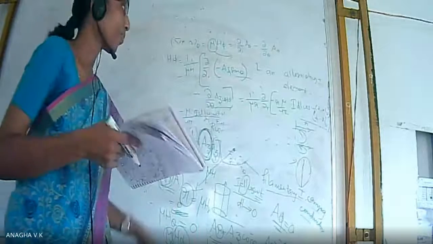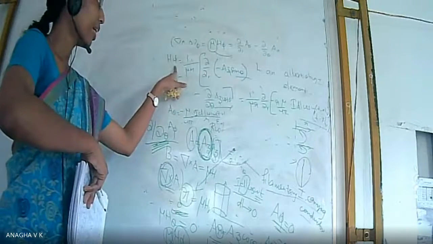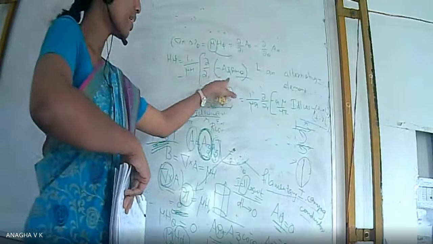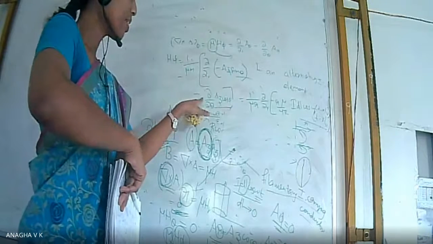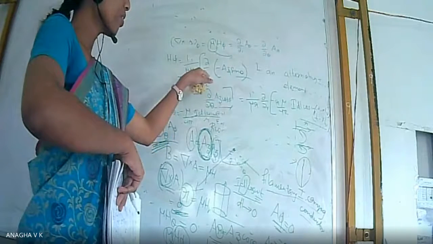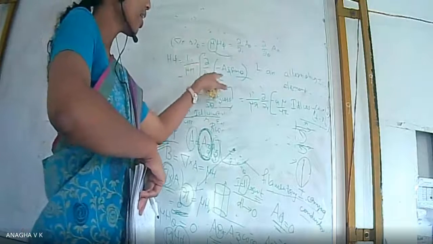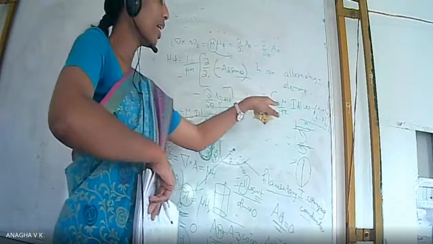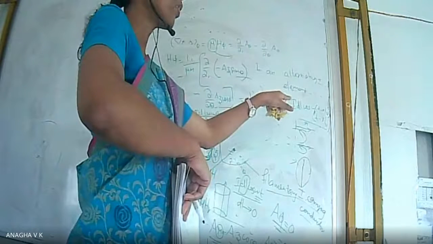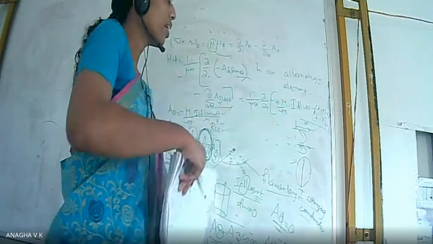So this is the equation of H phi: 1 by mu r dou by dou r minus AZ sin theta minus dou by dou theta AZ cos theta. So what are we taking? We are taking AZ as Idl cos omega into t minus r by v.